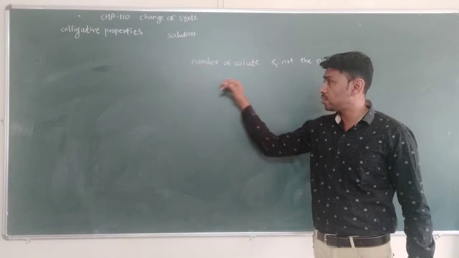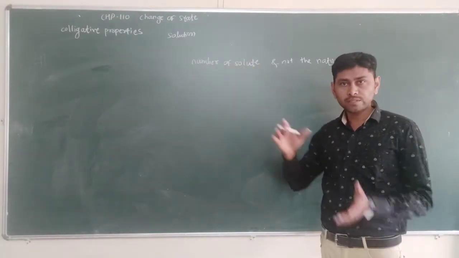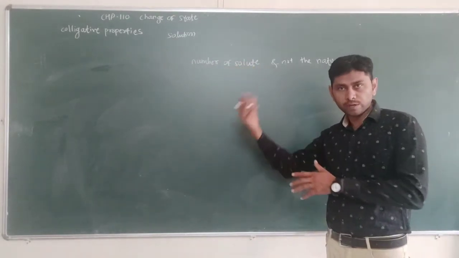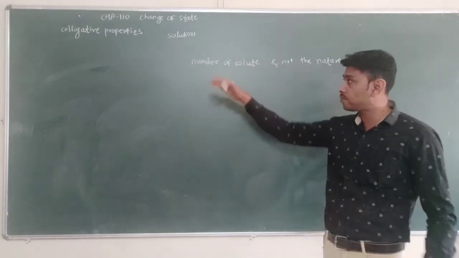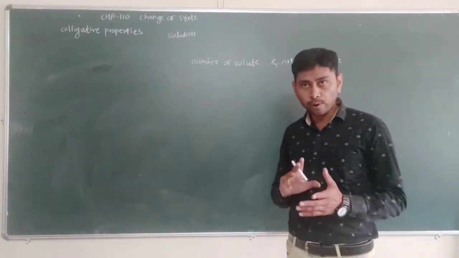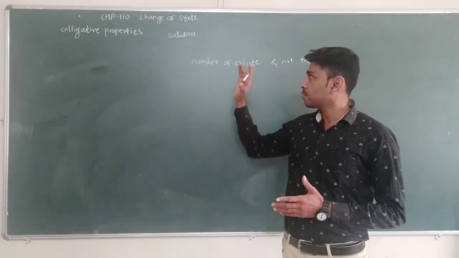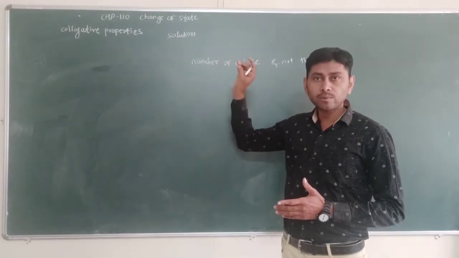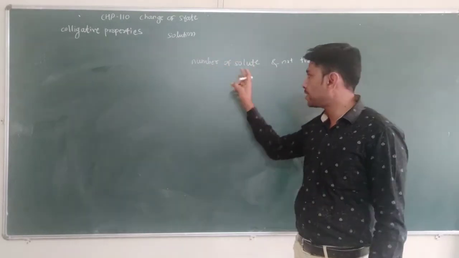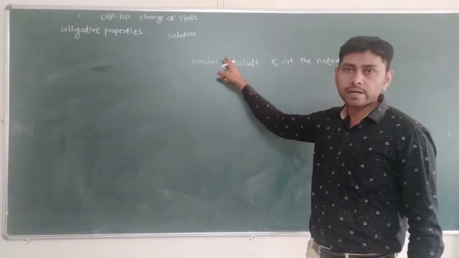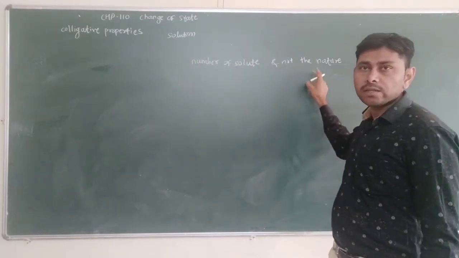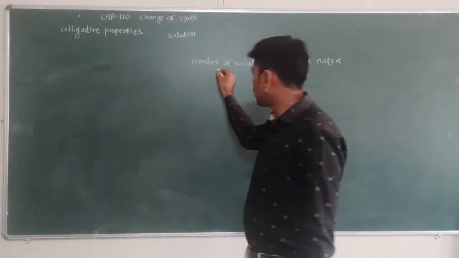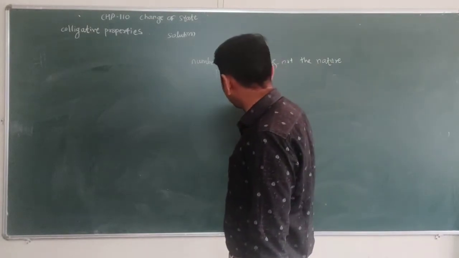But if we change the number of molecules, say 10, then 20, 30, 40, there will be a change in these properties. The number of solute particles means a change in concentration.